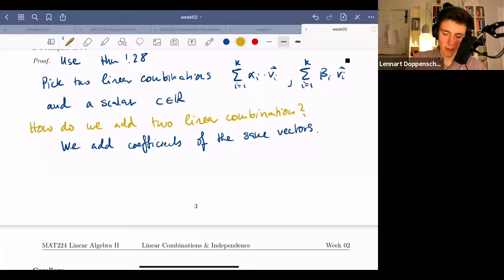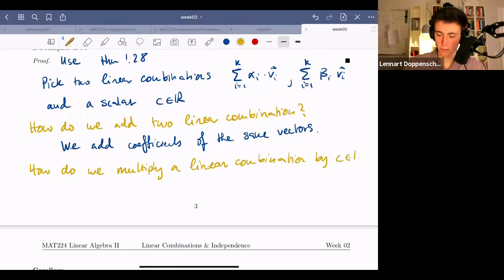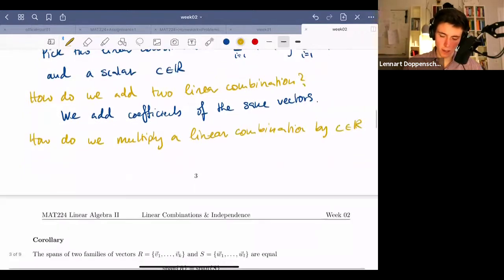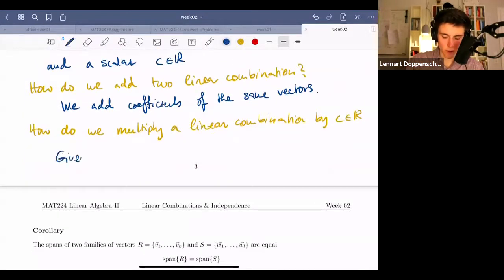And then the same question: how do we multiply the linear combination by a number c in the reals? You don't have to guess this. I think Andrew just wrote in the chat that we can use the distributive property. So this is given.